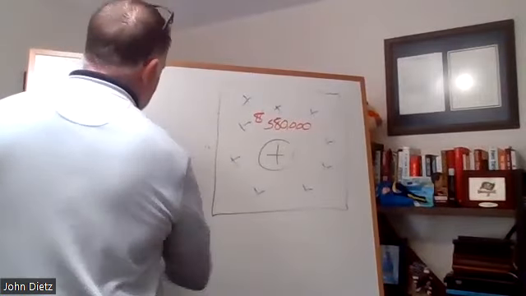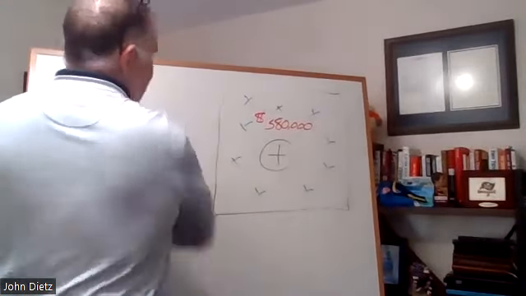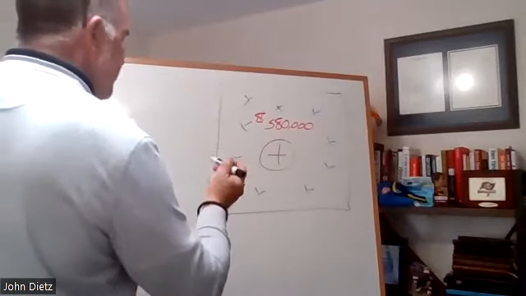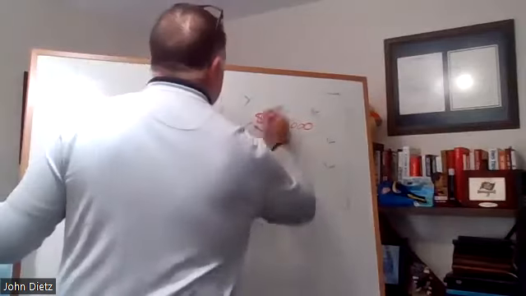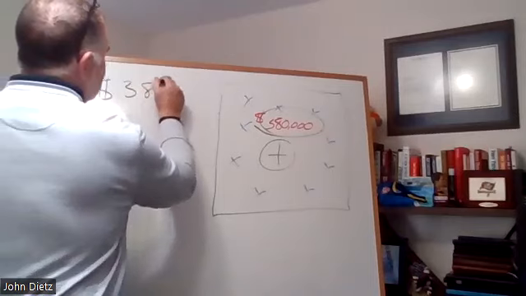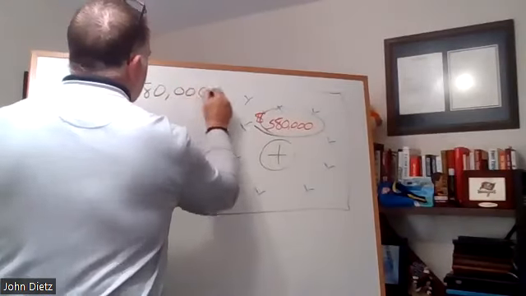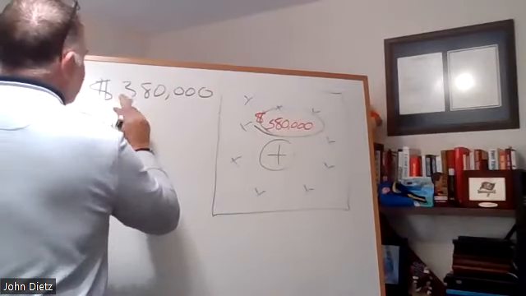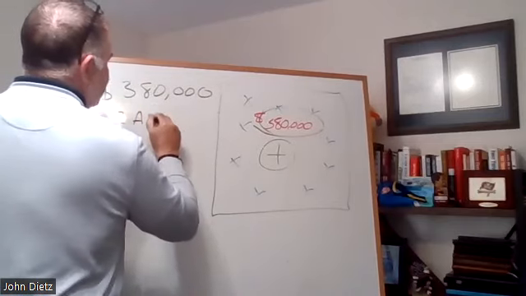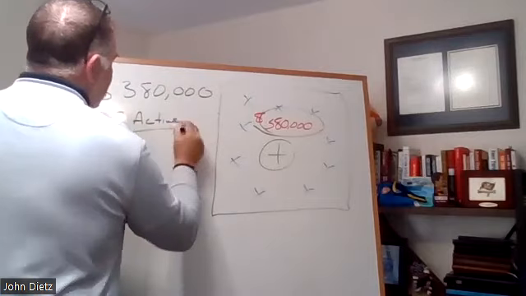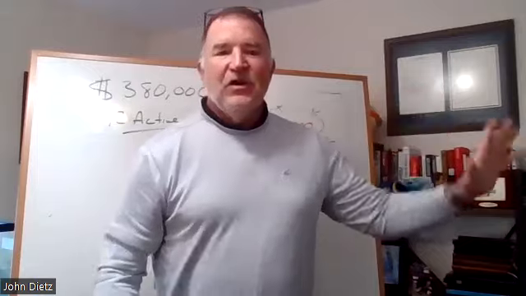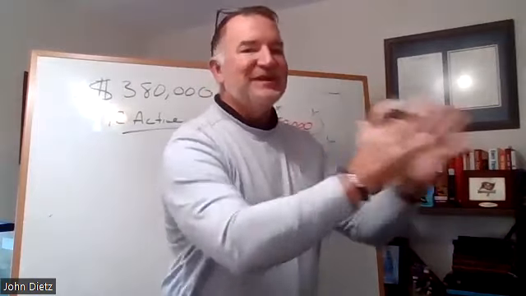Now, you've got a property in that $350,000 to $400,000 range, and we're still thinking 380 because based on comparables, that's what it's worth. And we have 12 actives. So that's the competition. In order to sell your home, you have to beat the competition.